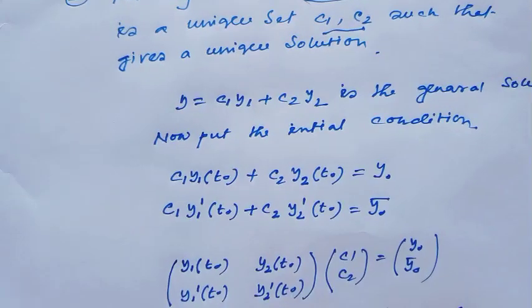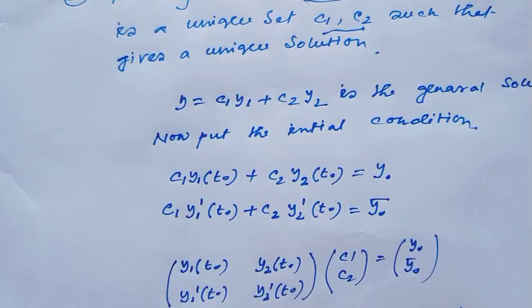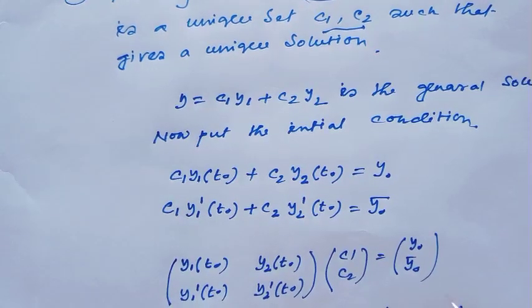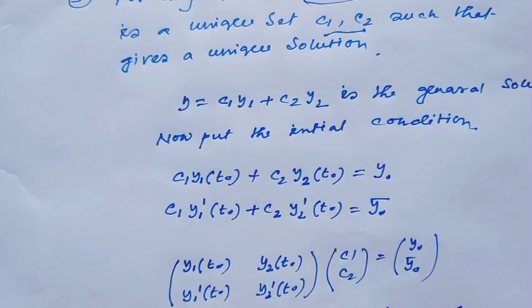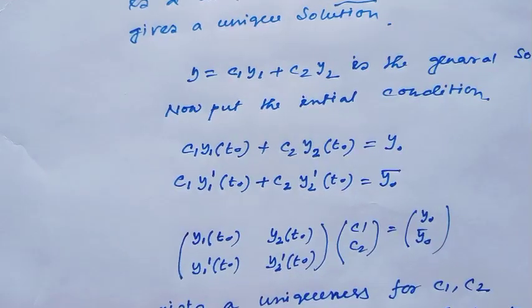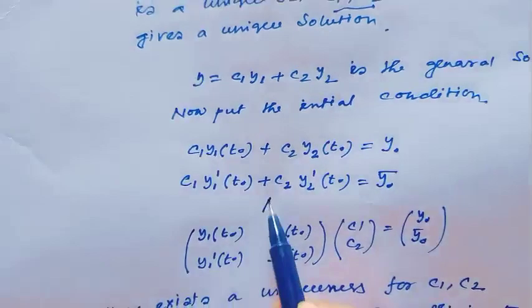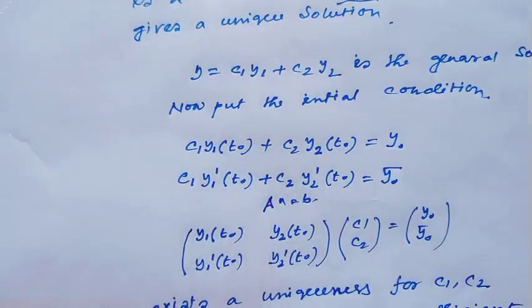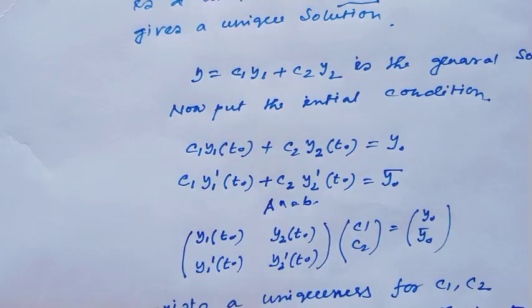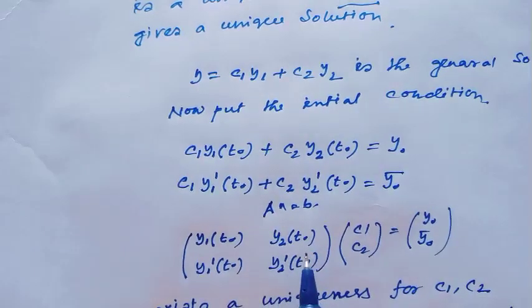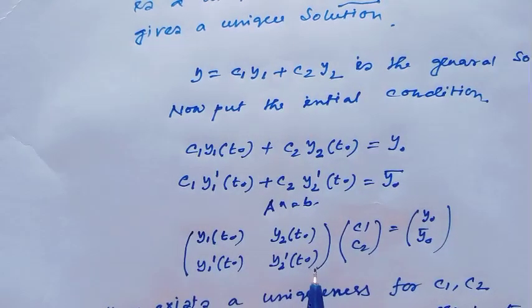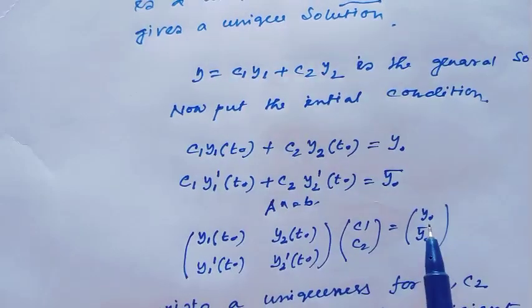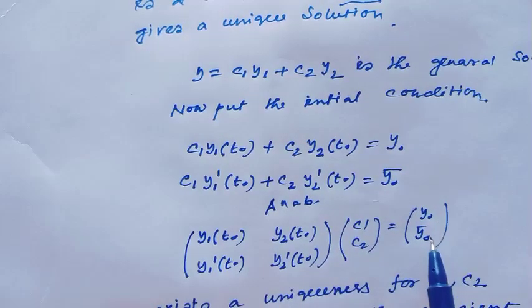And obviously this looks like a non-homogeneous system of linear equations, so we can write this in matrix form, Ax = B, where A is y1(t0), y2(t0), y1'(t0), y2'(t0), x is c1, c2, and B is y0, y0 bar.